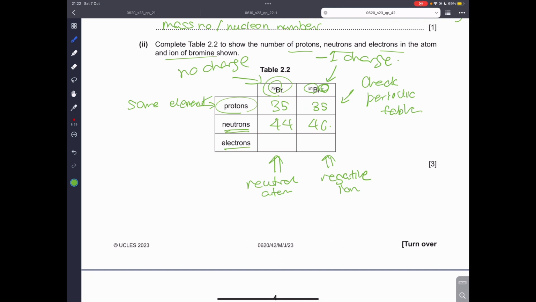If a neutral atom has protons equal to the number of electrons, so if we have 35 protons, that would be 35 electrons. In this case, there's an extra electron in Br-81. This extra electron will change the charge to -1. So it's going to be 36 electrons. This is why it has a -1 charge on bromine.